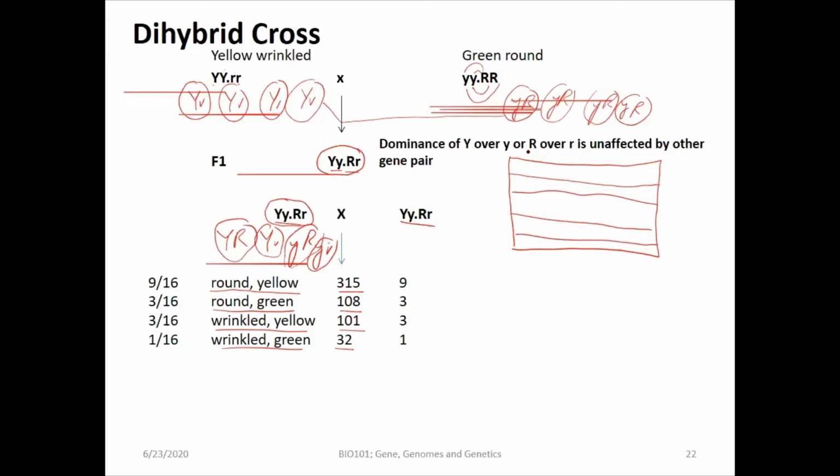So on top, you can write here all these gametes. On this side as well, capital Y capital R, capital Y small r, small y capital R, small y small r.